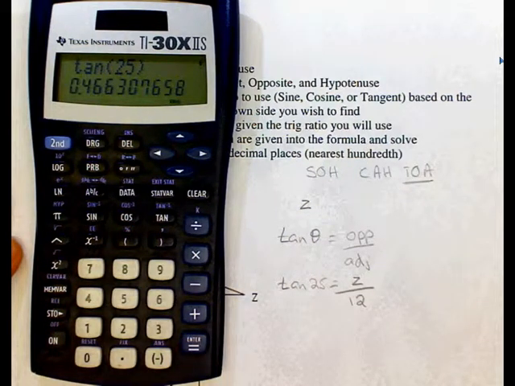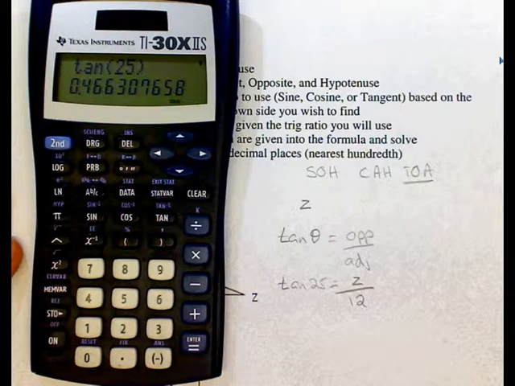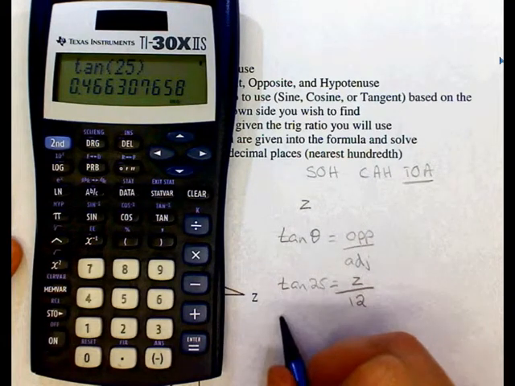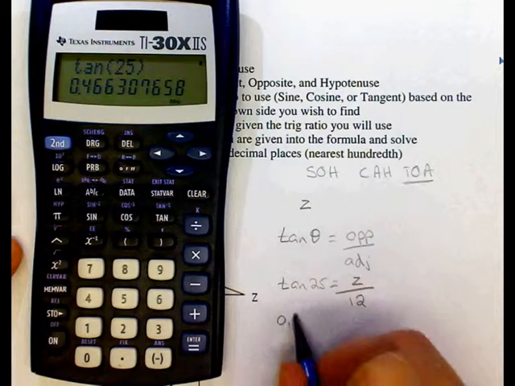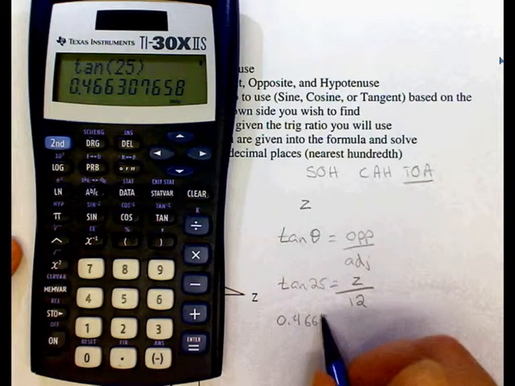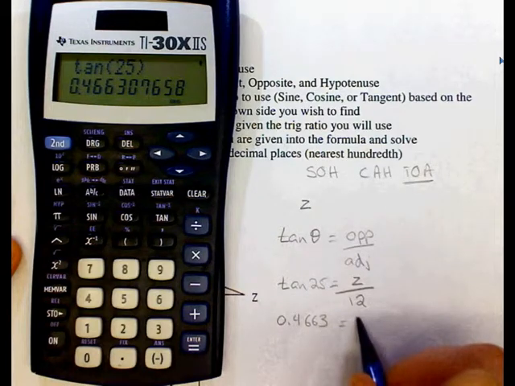So the tan of 25 is 0.466307658, and that goes on for a long time. In terms of accuracy, when you're working within your formula, we want to use the first 4 numbers. So that's 0.4663 equals z divided by 12.